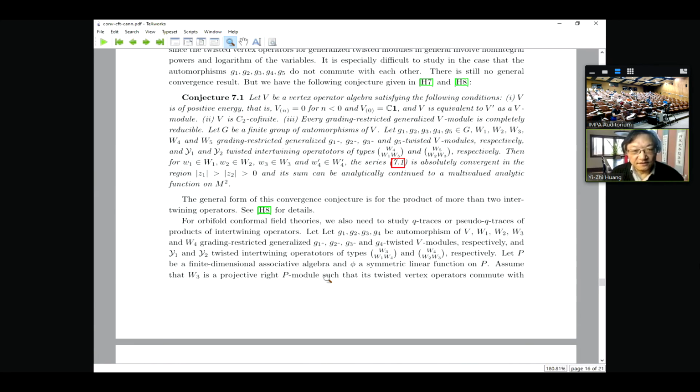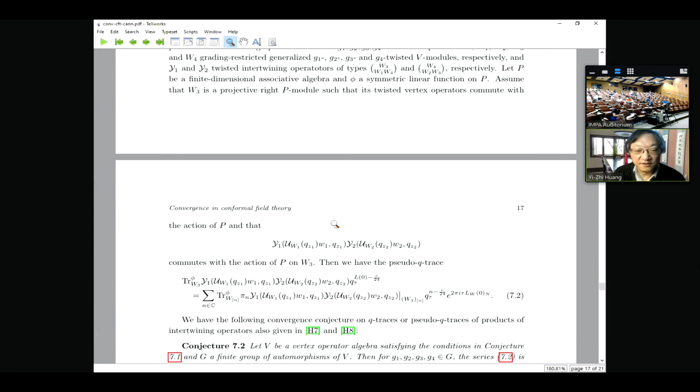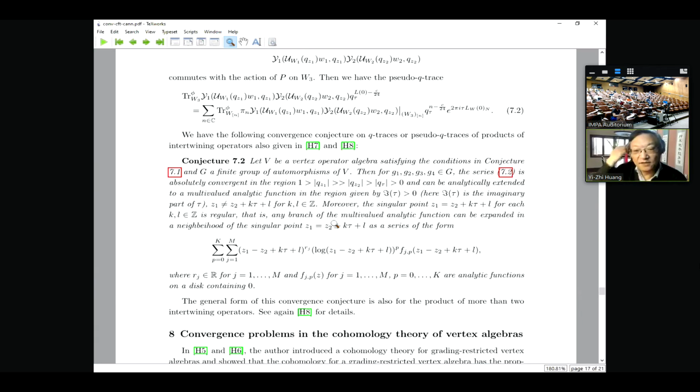The first part is this Conjecture 7.1, which is about associativity. It is similar to the case of the untwisted one.